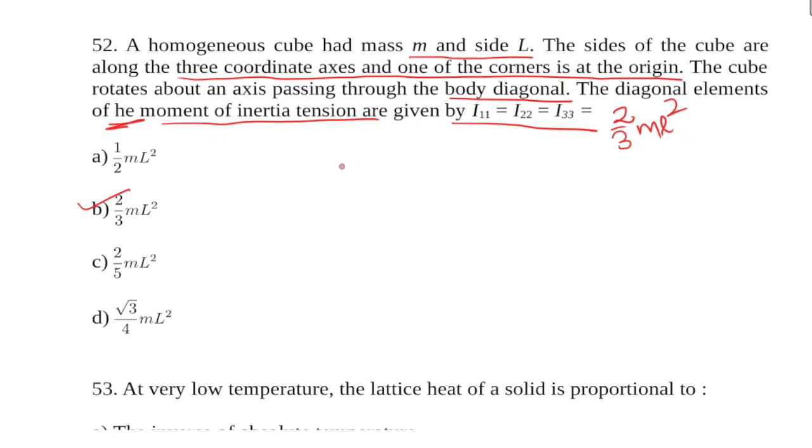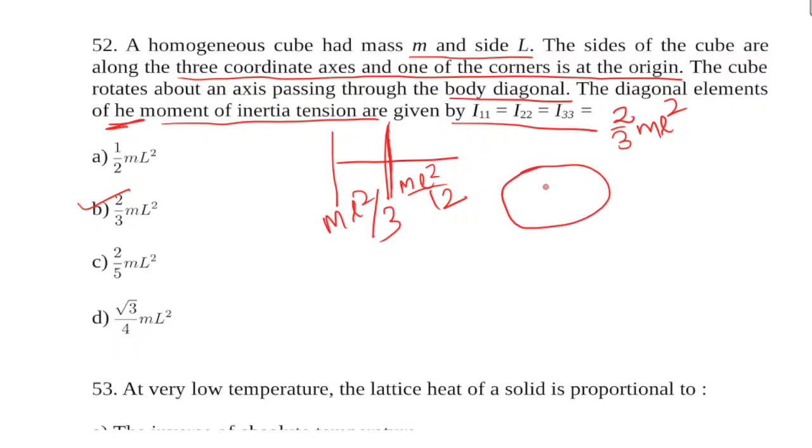Similarly, you should remember the moment of inertia for different objects. For a rod, the moment of inertia about an axis passing through its center is ml square by 12, and about its end, ml square by 3. For a circular ring, about an axis passing through its center, it is mr square, and about its diameter, mr square by 2.